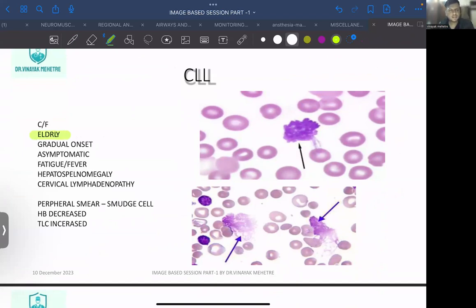Good thing is clinical cases don't come from CLL, but still, if the question comes: adult with tenderness on the cervical region, what will be found? Cervical lymphadenopathy. How to remember? C stands for cervical region.